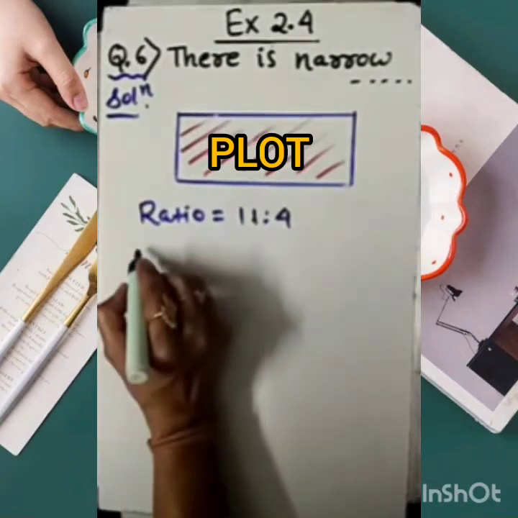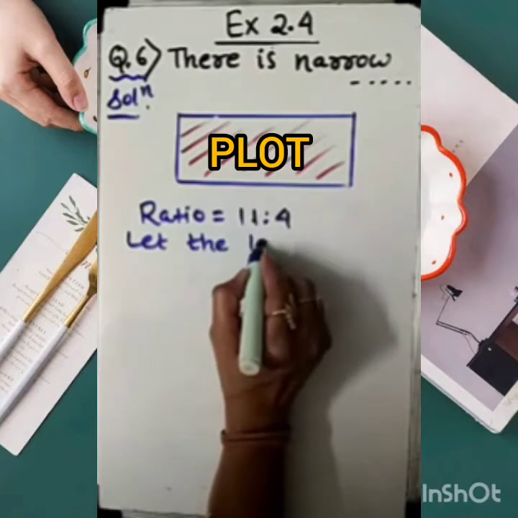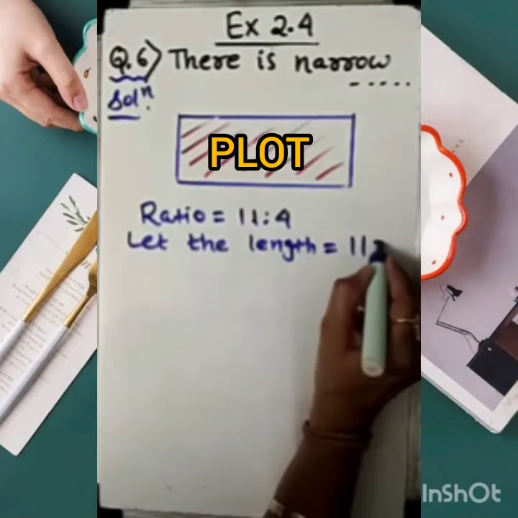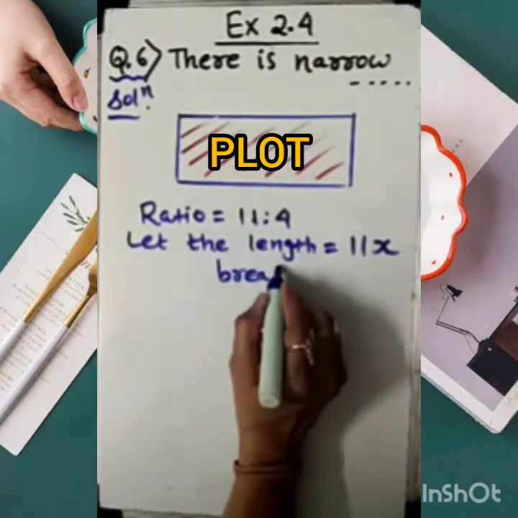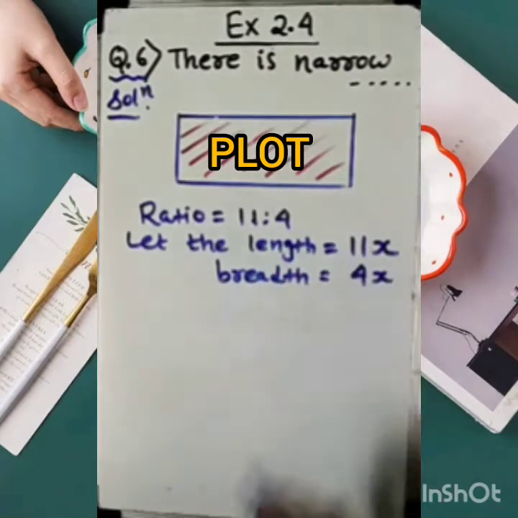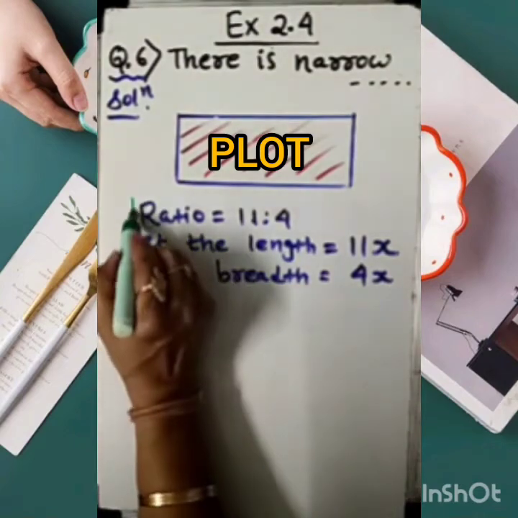So dear student, let the length of the plot be 11x and the breadth of the plot be 4x. We are assuming x as a constant because in the question we are given the ratio of length and breadth.